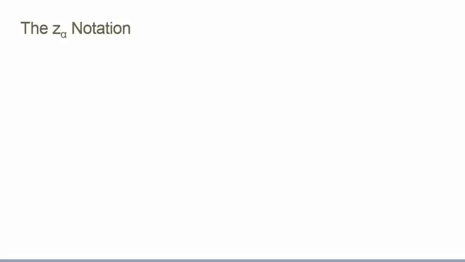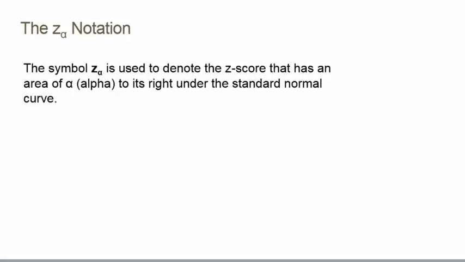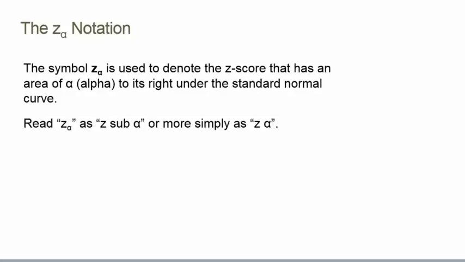The Z sub alpha notation. The symbol Z sub alpha is used to denote the z-score that has an area of alpha to its right under the standard normal curve. Read Z alpha as Z sub alpha, or more simply, Z alpha.